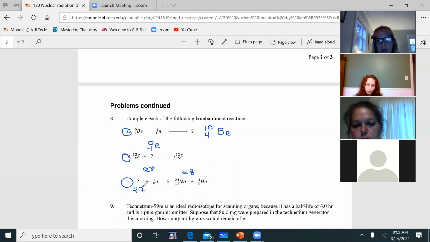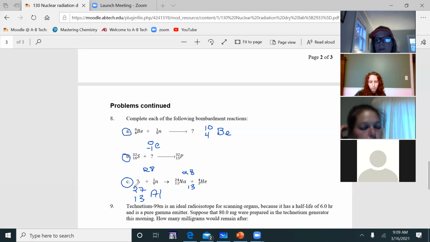Sorry, I'm writing it below. 11 and 2 gives us 13. And this is 0, so the bottom thing also has to be 13. So what is the identity of our 13? It is aluminum. So aluminum-27 is hit by a neutron to give us these two things. You guys seeing how that works?